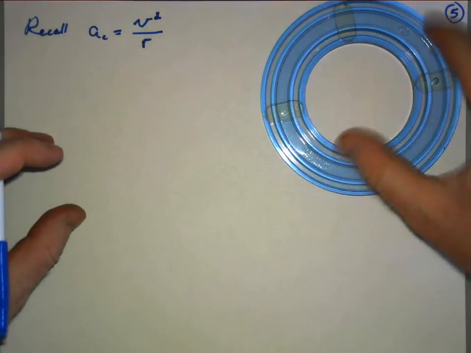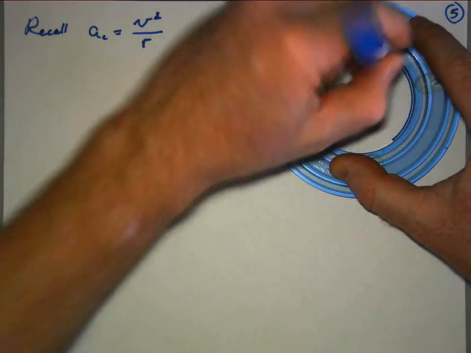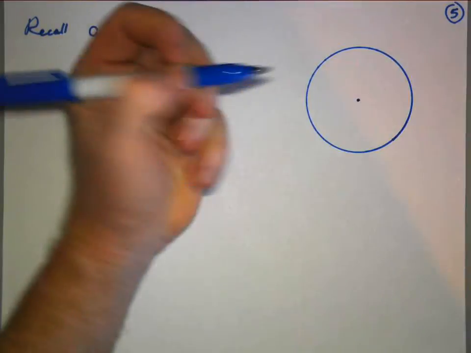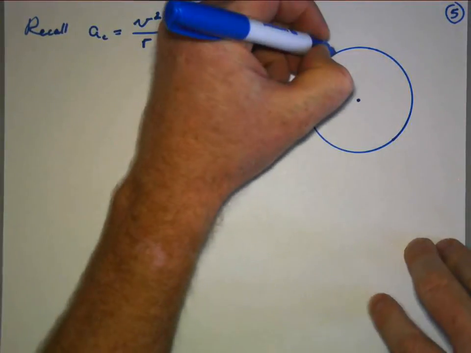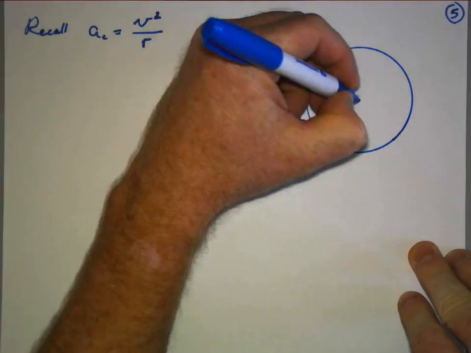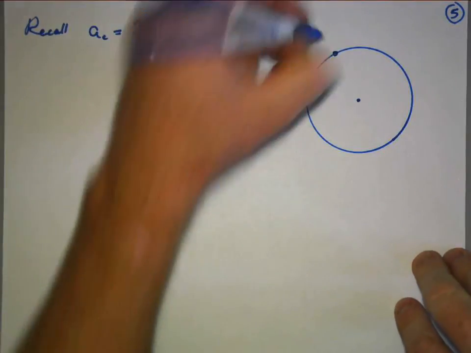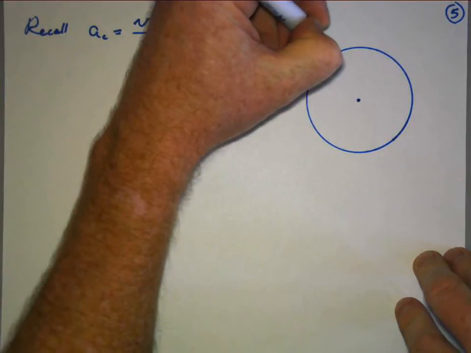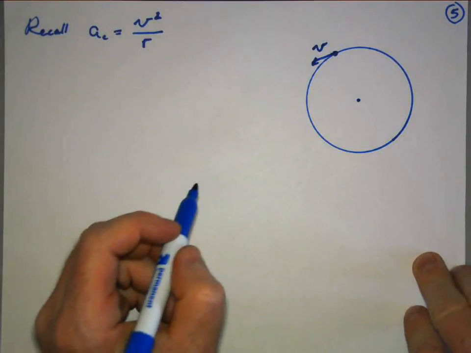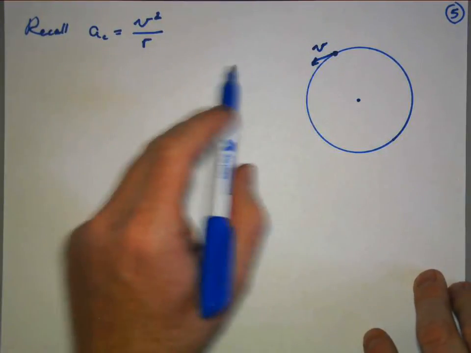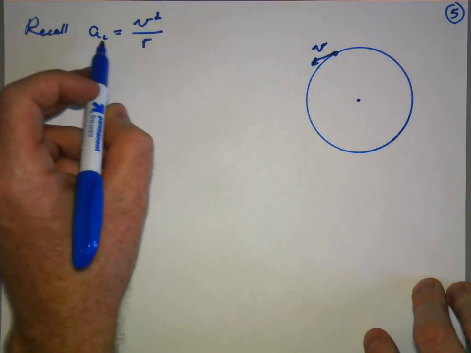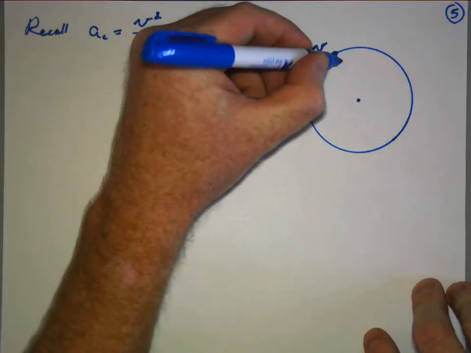So if we imagine a circular orbit, and this is fine to do, we want to know, for a planet orbiting the sun as an example, what is the velocity right there? And that velocity will be working with the radius to determine a centripetal acceleration.